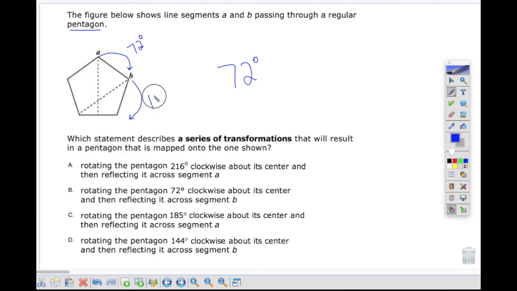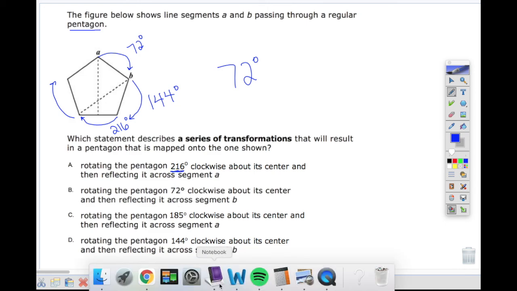Another 72 degrees, that would be 144 degrees, it is back on top of itself. Okay, another 72 degrees, that would be 216 degrees. So you could keep going and see what we get. So 216 degrees is a possibility.